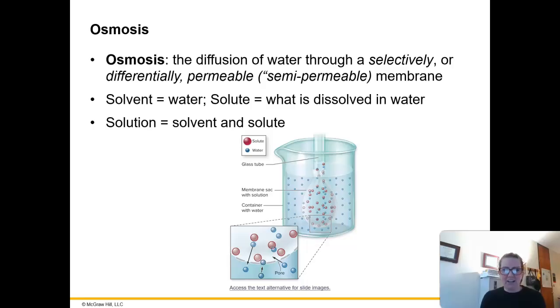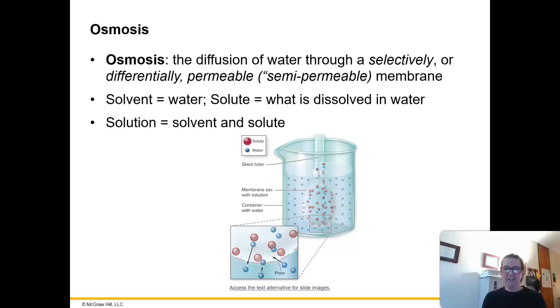That membrane is only going to let molecules in of a certain size. So the solute that is in that balloon membrane is too big to leave, okay? But we have water, of course, both outside the selectively permeable membrane and inside.